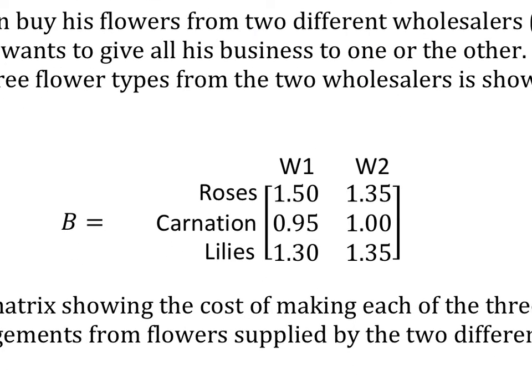Okay, so W1, W2 means wholesaler. So then what does this mean? 95 cents. Carnations? From wholesaler 1. Yes, wholesaler 1 sells each carnation for 95 cents. Okay, so that's what it means.